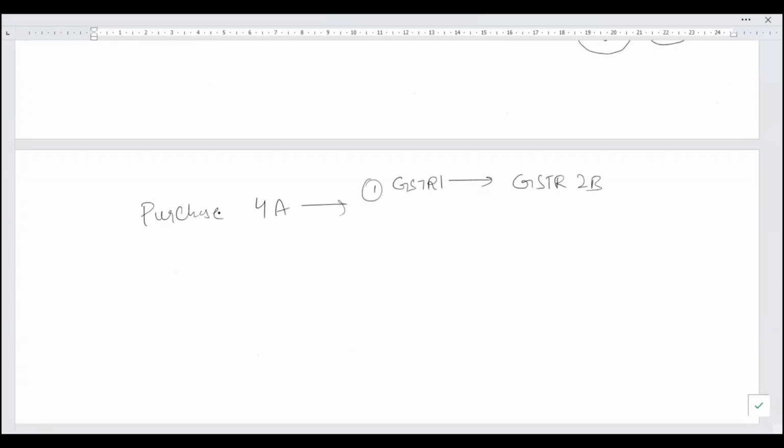This is one source. Second source, your bill of entry from the IceGate portal, which also travels to GSTR-2B. Apart from this, ISD, that is GSTR-6, which travels to GSTR-2B.